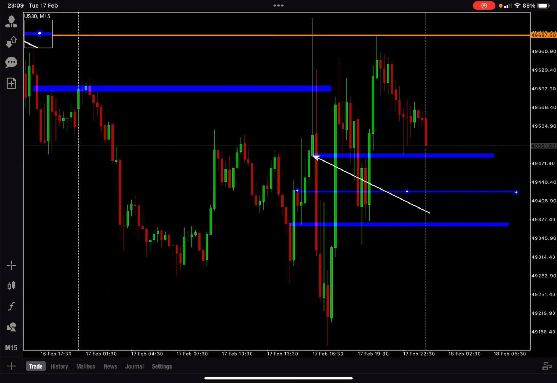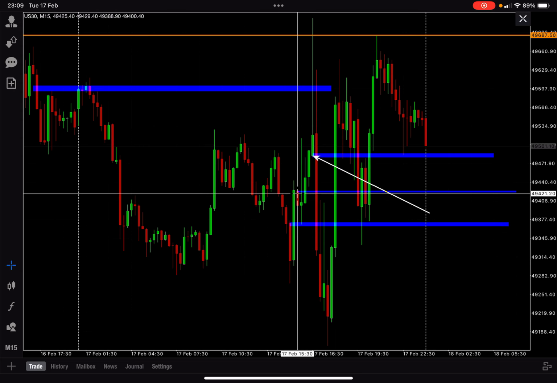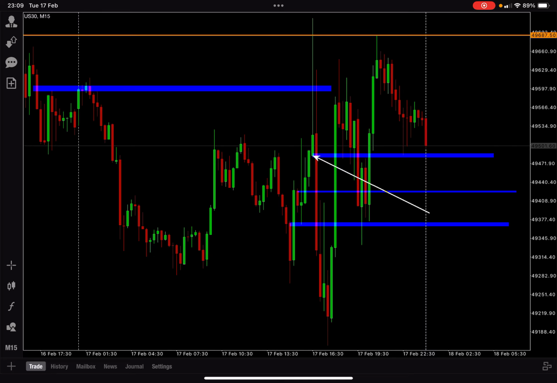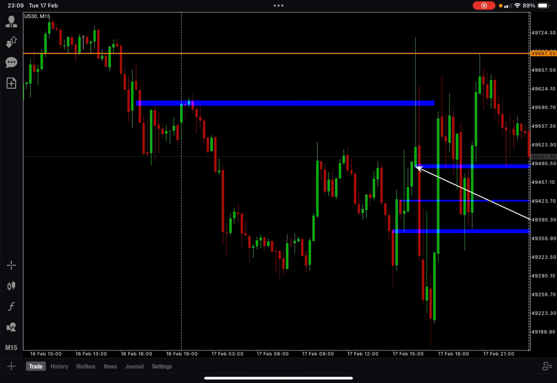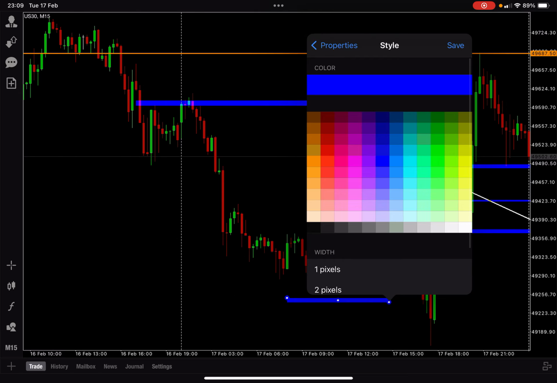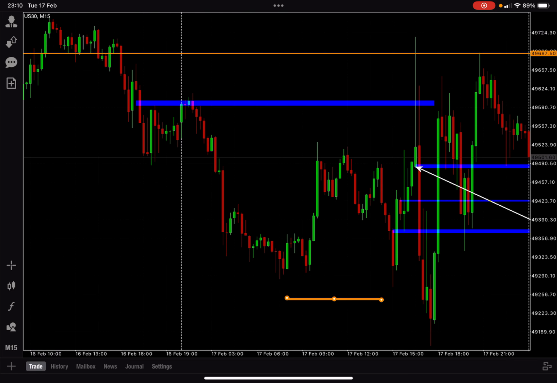So those are the pre-New York high volume time. Then we got the New York Open here. So now we can change that colour to a liquidity line, which is orange. Just like that. And then we can use that in a minute.